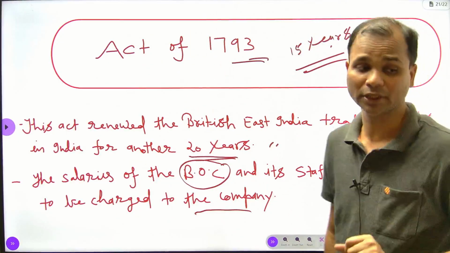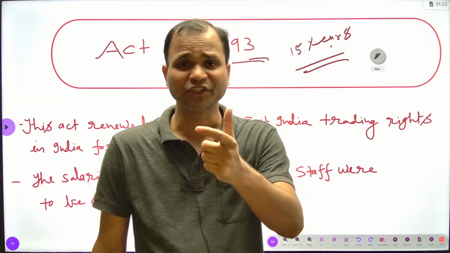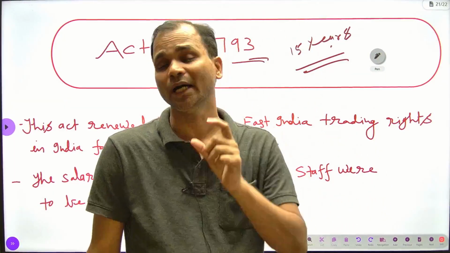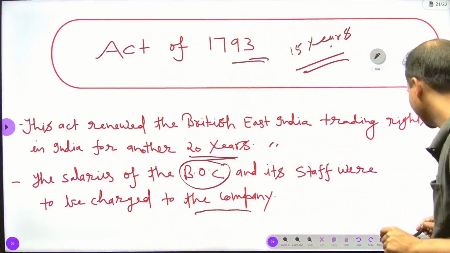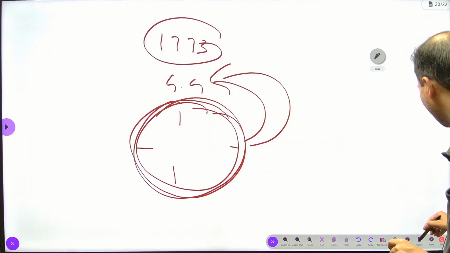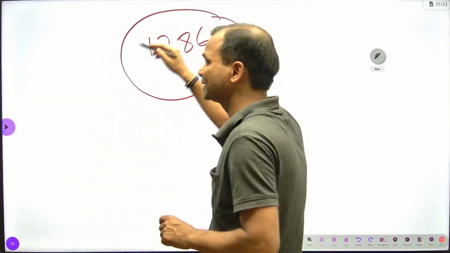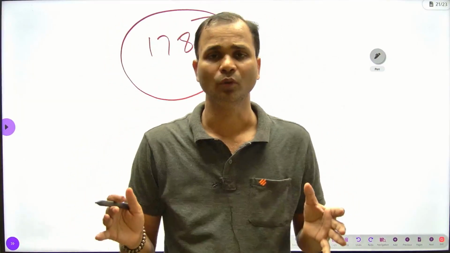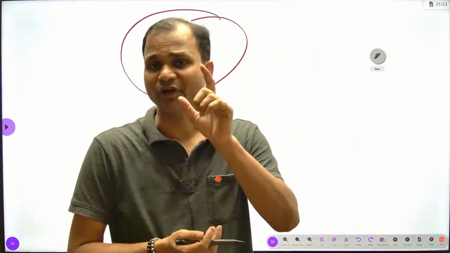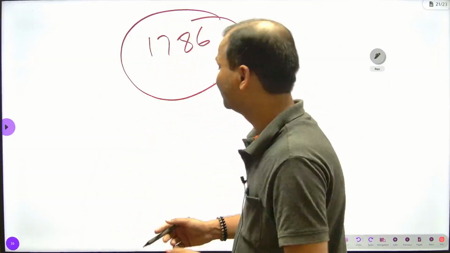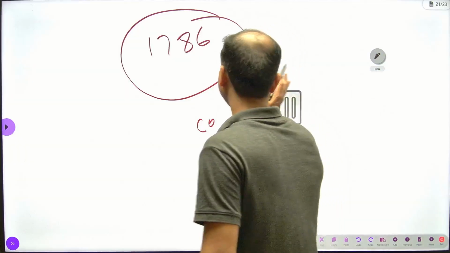Now I will also mention some important effects of the Act of 1786. What was the effect? The Act of 1786 has some historical value. What historical value? Because Lord Cornwallis was the first Governor General who came to India with the power of Commander in Chief.